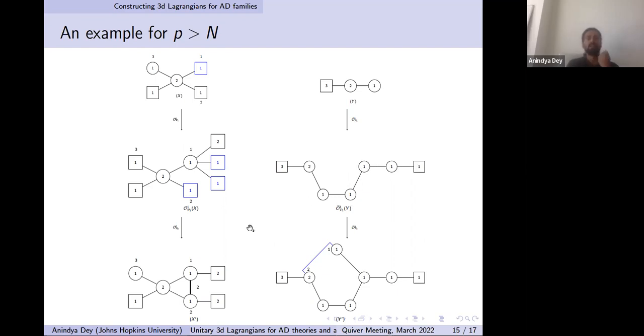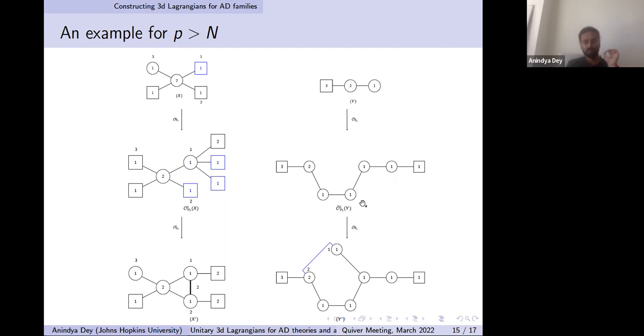And then again, what I do is that I identify these three flavor symmetries, these three flavor nodes, flavor the identified node, gauge it, and I get on the dual side this object. So there is something that now connects this node and this node. This is the effect of the dual operation. So you can see at each step what you're doing on one side and what you're doing to the dual side.